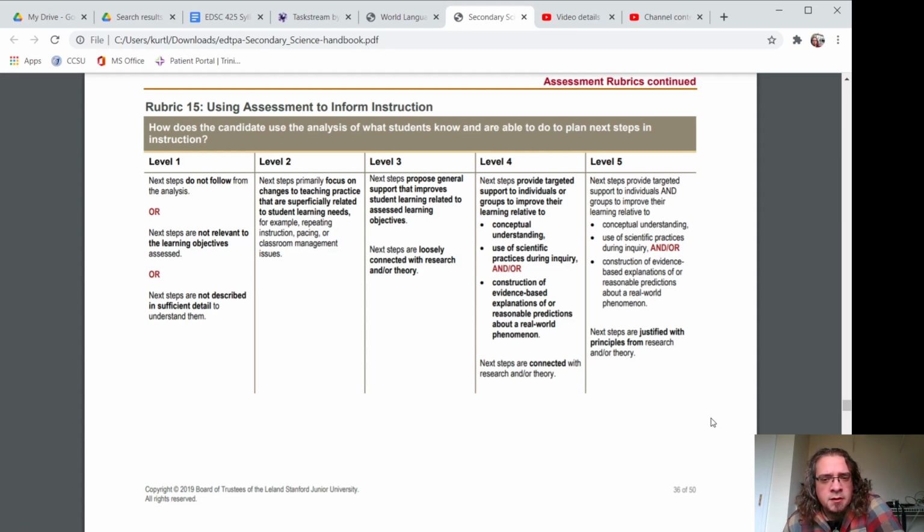So again, I'll deal with that second part first. Obviously, this is going to become more about how connected and justified you are. So superficial to level 5, you see there, justified. It's the same language you've seen before. So just make sure when you use the research and theory that you're using it in very thoughtful ways. You absolutely can, by the way.